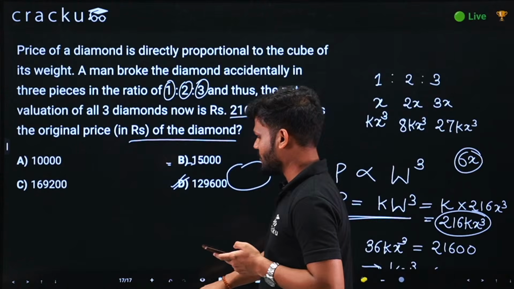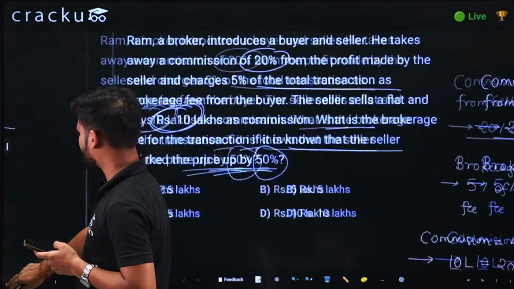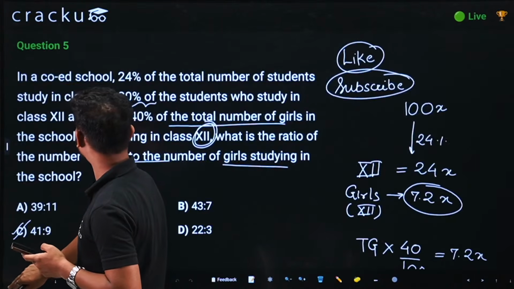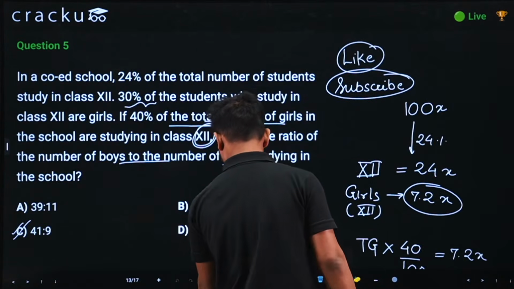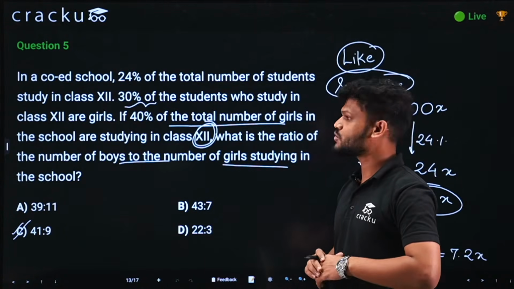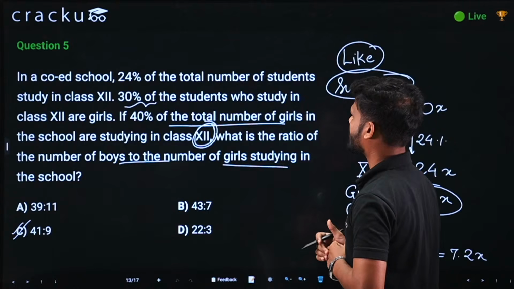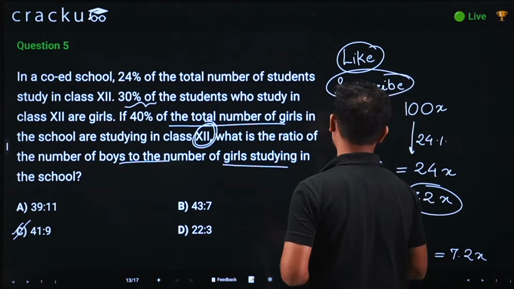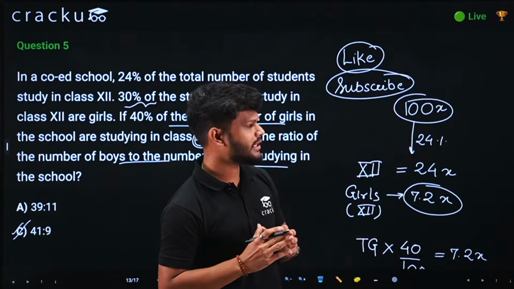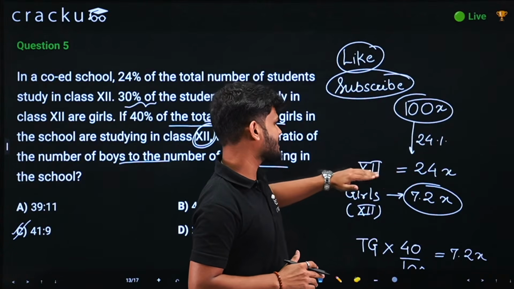Now let me go to Sahana's question which she had doubt in. Okay, yeah, this one only, right? So just pay attention here, Sahana. It is given that in a co-ed school, 24% of total number of students study in class 12. So we assume there are 100x students in total. 24% of them are in class 12.